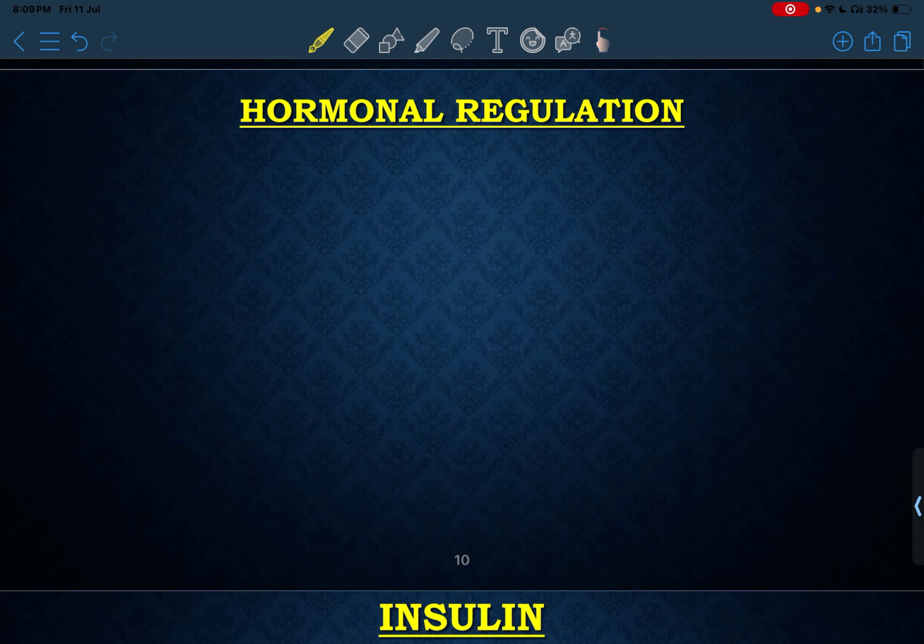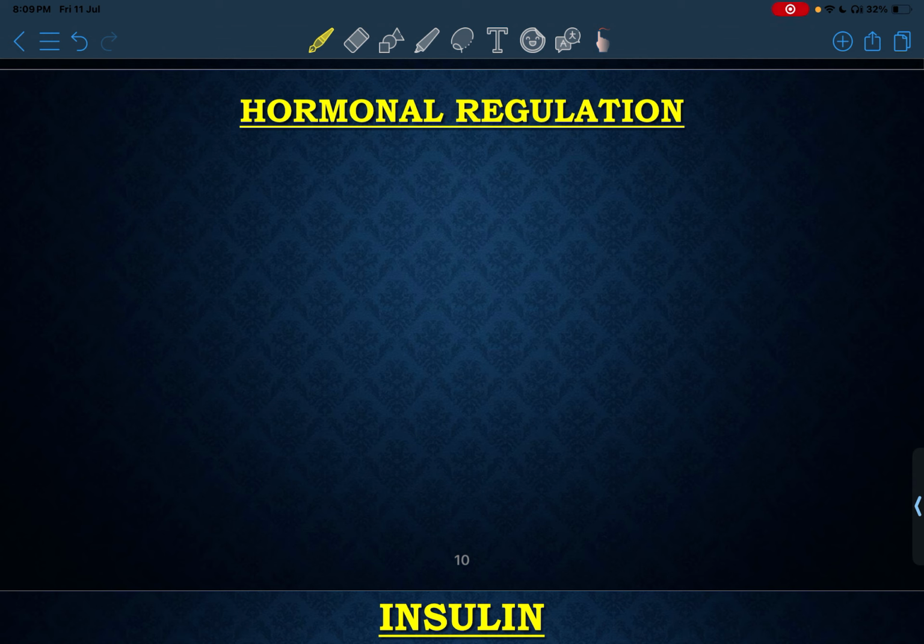So next is hormonal regulation. There are lots of hormones regulating the blood glucose level, but the hormones do not regulate the blood glucose by interfering directly. They just interfere in metabolic pathways, and by these metabolic pathways, the blood glucose is regulated.